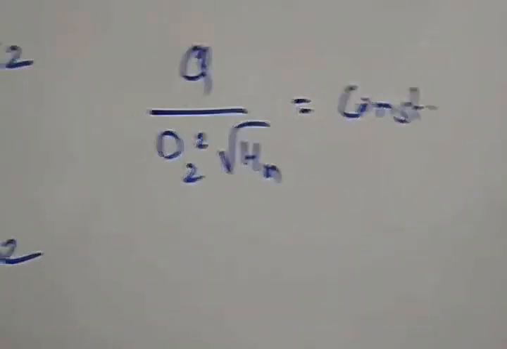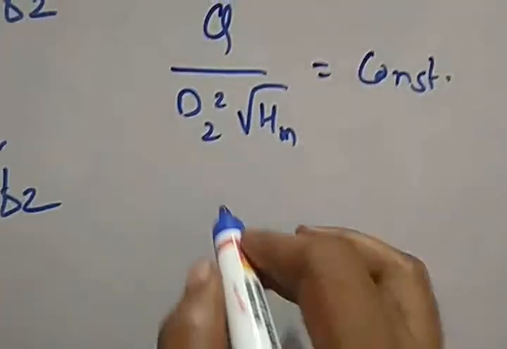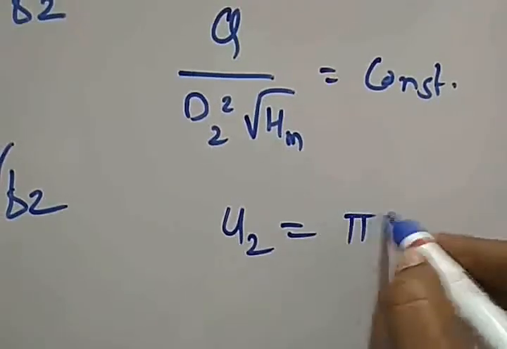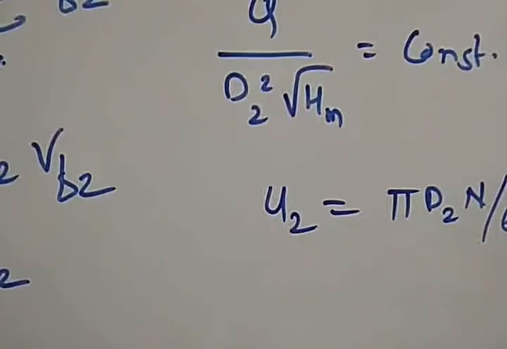Now we know that the peripheral velocity u2 at exit is given by pi d2 N divided by 60.